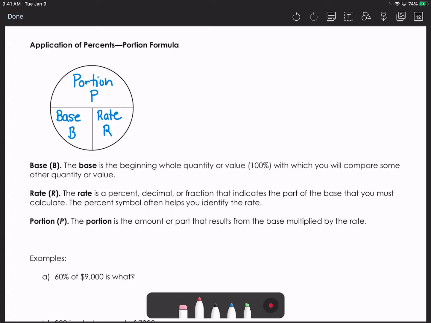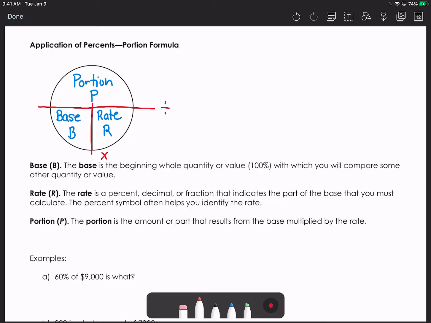Now, the way that this circle is going to help us determine whether or not we need to multiply or divide, we need to understand what these lines mean in the circle. This line right here is called the division line. And this line right here is called the multiplying line.